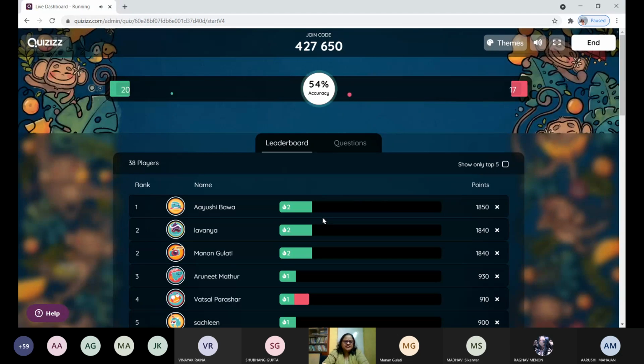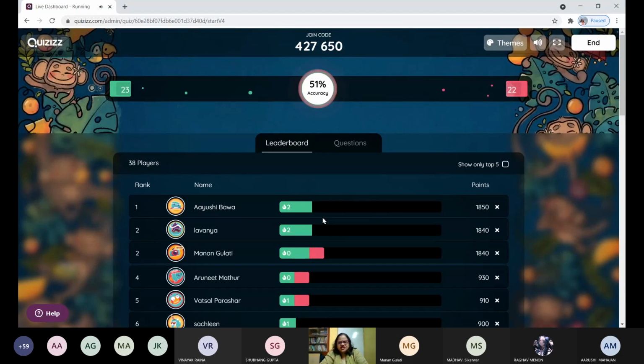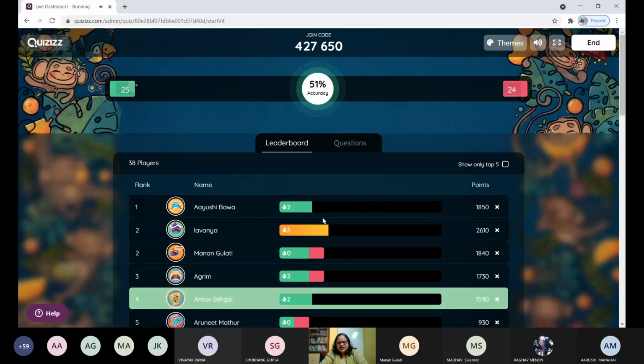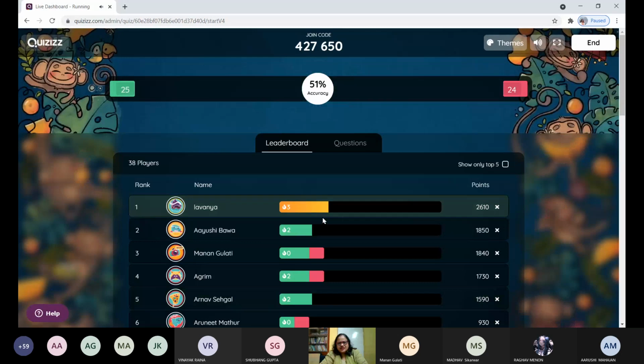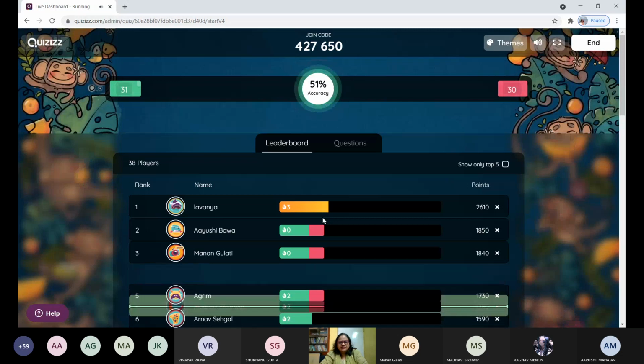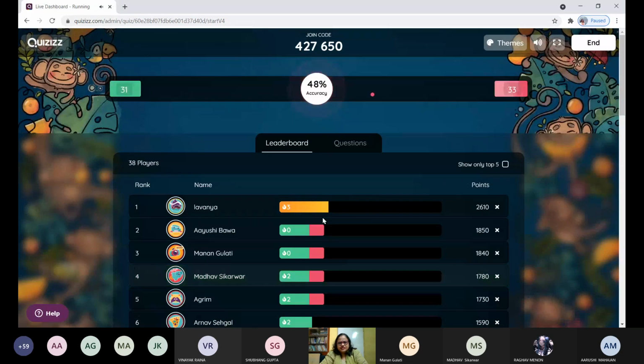Very good, Ayushi, Lavanya, Manan, Aruni, Vatsal, Sachin. Sachin, good job. Come on here. Vatsal, good job. Very good, Agril. Lavanya, great. Arnav, good job. Madhav, very, very good.